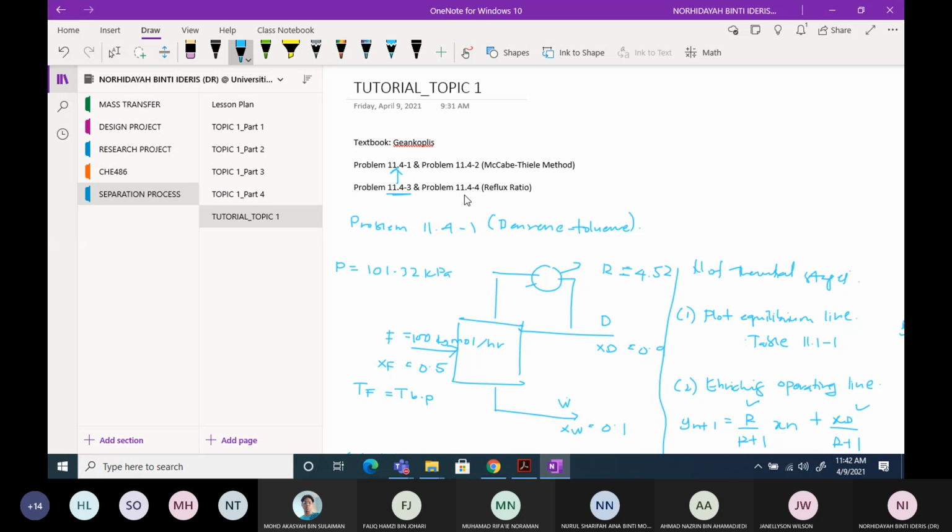Same thing, 11.4-4 is a continuity from problem 11.4-2. I think the question is straightforward, so I hope you can do it by yourself first. Should you have any question, we can discuss it in the next class.